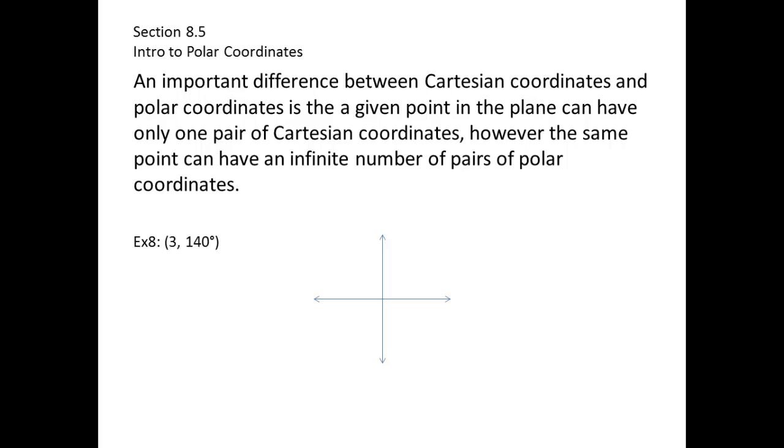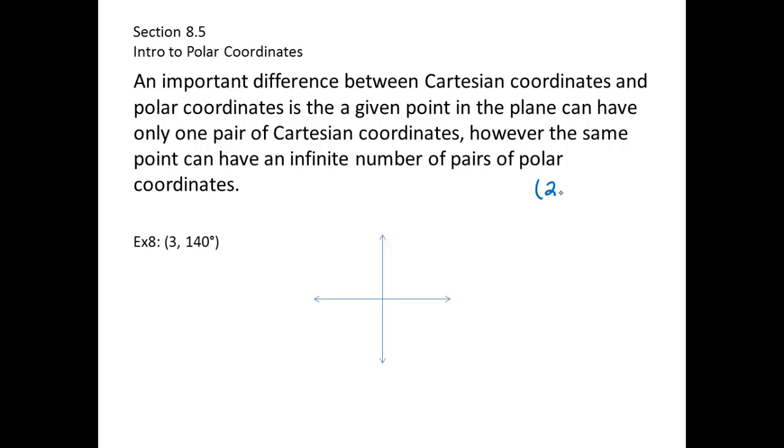All right, an important difference between the Cartesian coordinate system and the polar coordinates is that given a point in the plane, only one Cartesian pair of coordinates can exist. Let me say that again. So basically, if we're working with a Cartesian coordinate system, the one you grew up with and that you're very familiar with, there's only one place where x, y can be located.